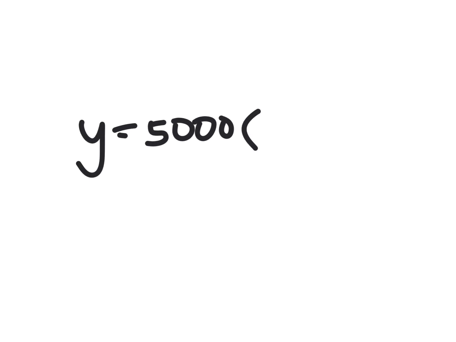A car is valued at $5,000. I bet it's like this, because the starting amount goes there. Depreciates at a rate of 2.5%. Ooh, tricky. 1 minus, I could totally see some kid typing 2.5. That's a decimal. No, that's not 2.5%. Neither is 0.25. That's 25%.